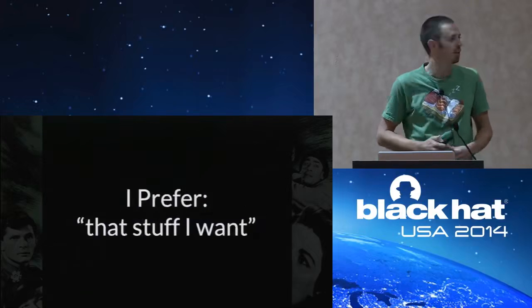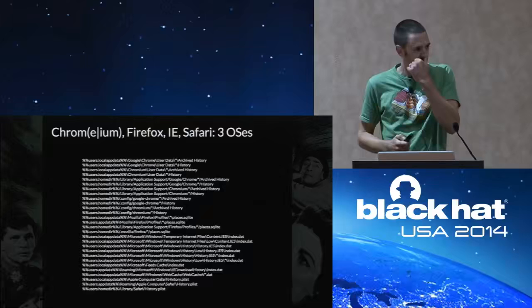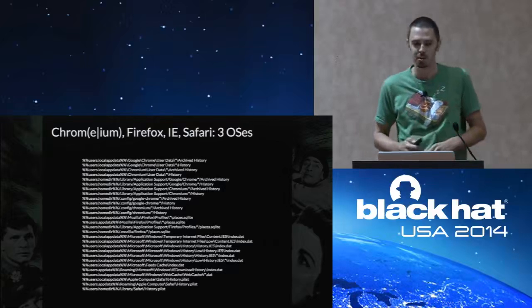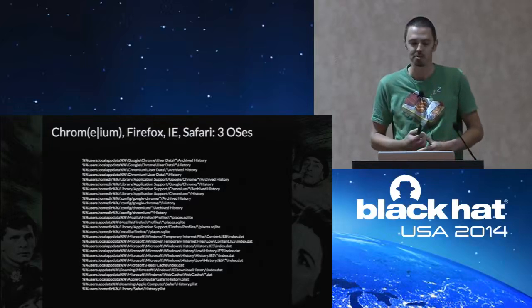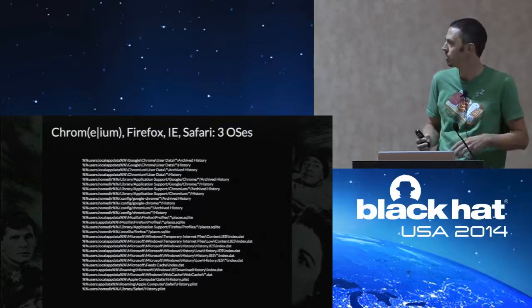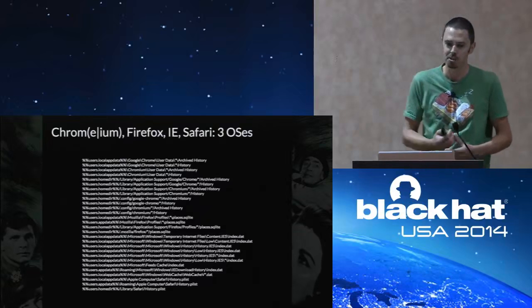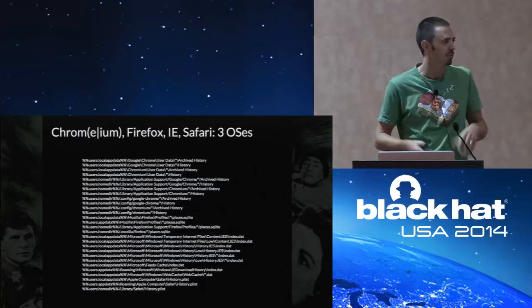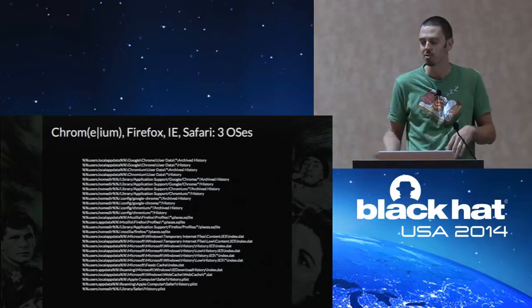I think I prefer that stuff I want. And I don't expect you to read this giant wall of text here. I just want to give a sense of scale about how complicated this is getting in modern operating systems. So this is major browsers on 3 operating systems. How many paths would you have to know where the browser history is for each of those browsers? There's this list here, abstracting away a bunch of complexity about different users and different profiles for different users.